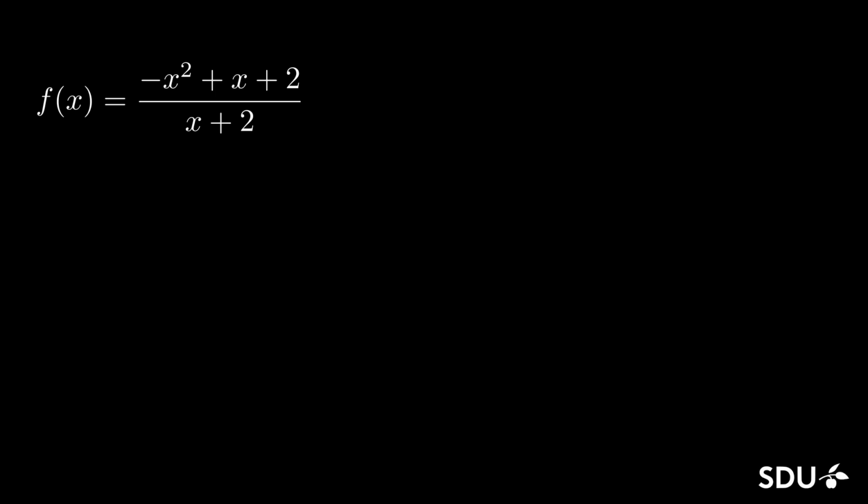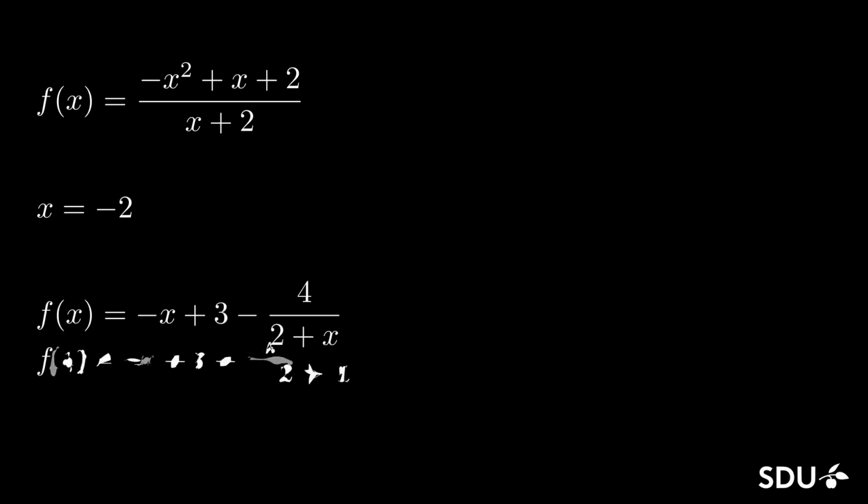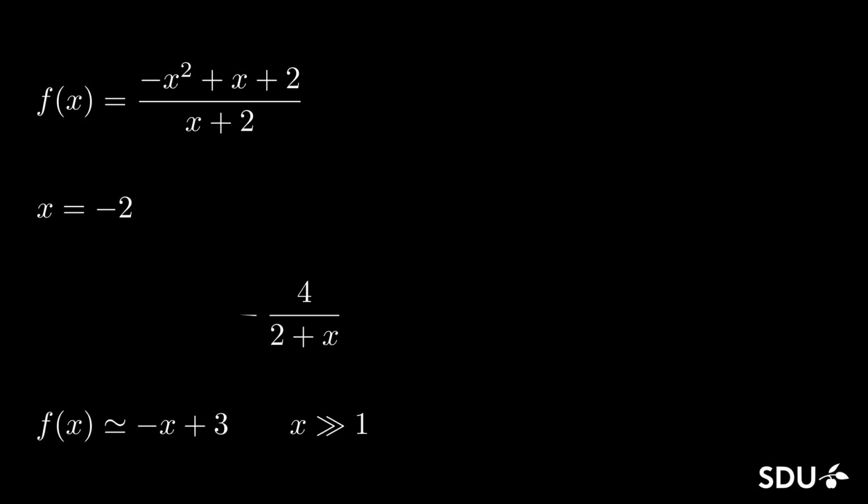Similarly, we can approach this rational expression with minus 2x plus 2 in the numerator and x plus 2 in the denominator. The denominator gets to 0 when x equals minus 2, which is a vertical asymptote. We can also do polynomial division to obtain this equation here, where we get rid of the last fraction.